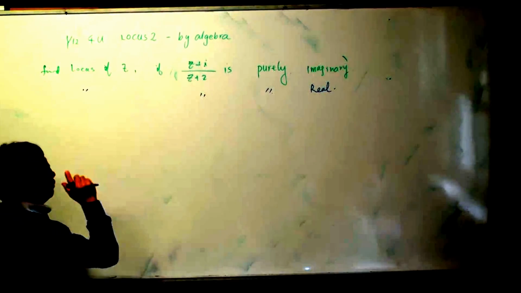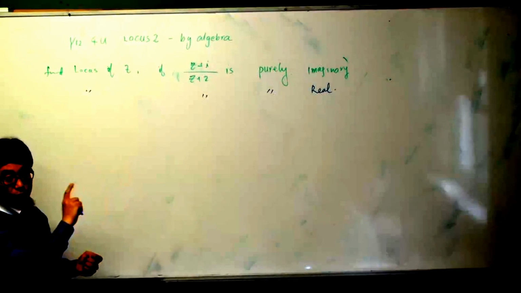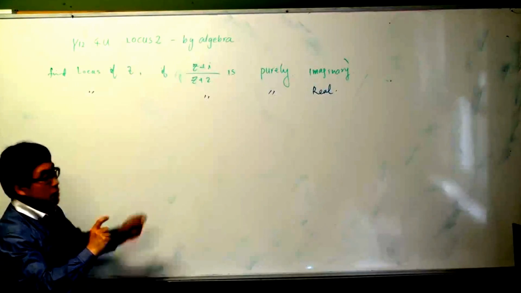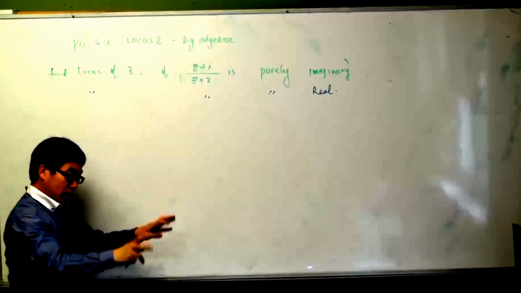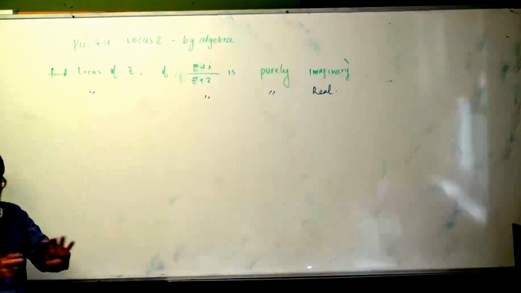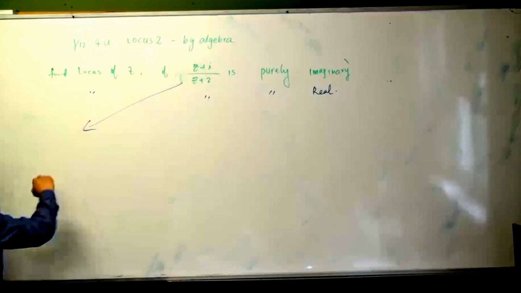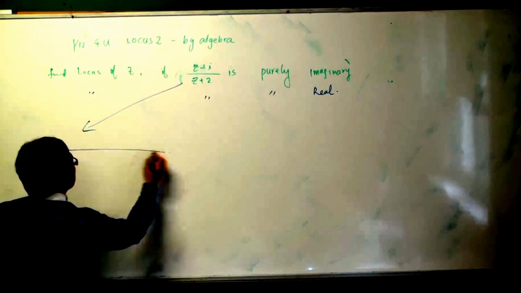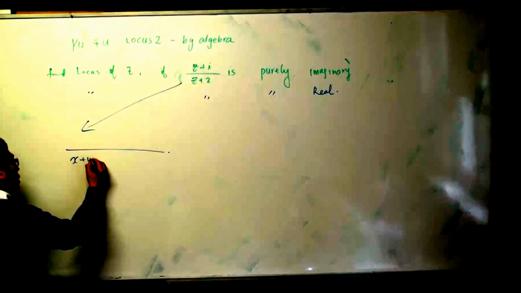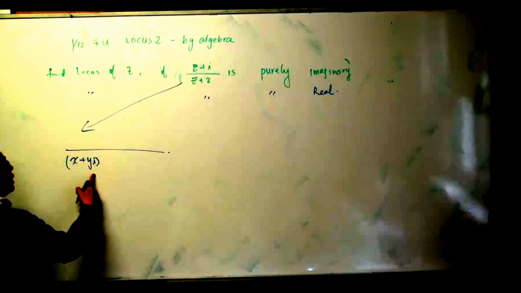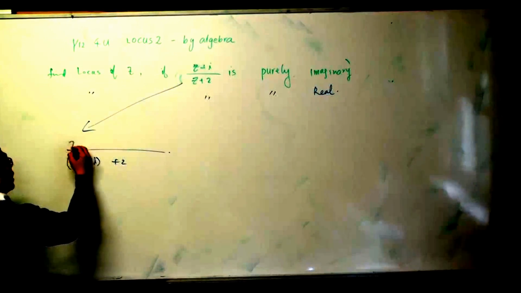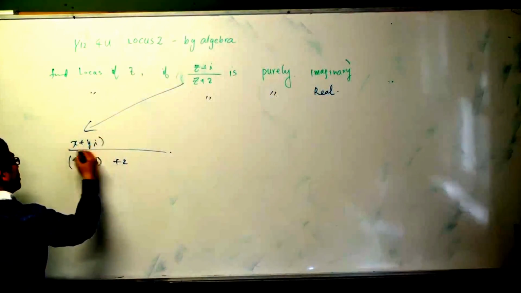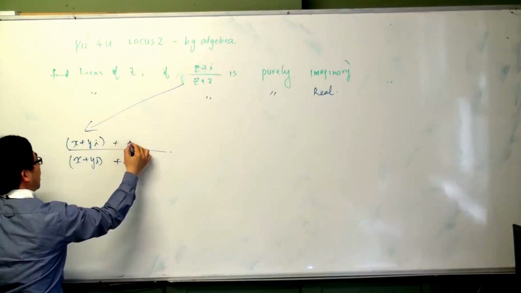Okay, let's go. To find purely imaginary, we need to find out what the real part is. So we have to reorganize it as real plus imaginary. What's the best way to rearrange it? Rationalization, isn't it? So for rationalization, you have to put z plus 2, that is x plus yi, plus i.